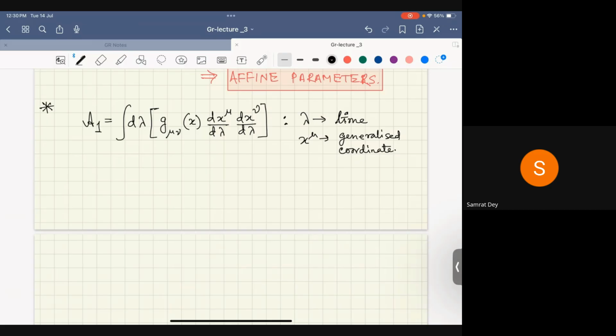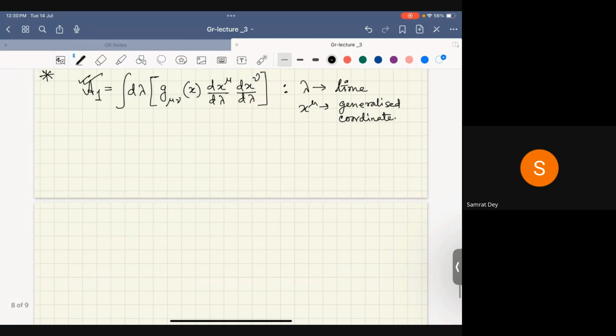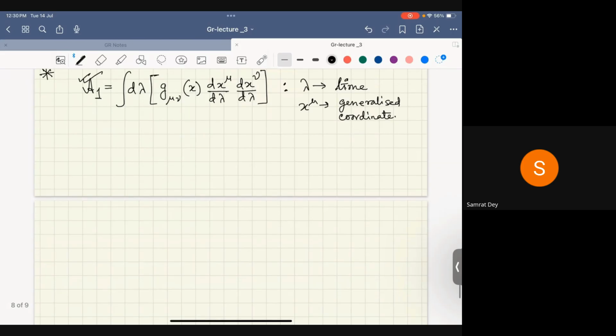So variation of this particular action, keeping x mu fixed at endpoints, will lead you to the well-known Euler-Lagrange equation, which is del L del x alpha equal to d d lambda del L del x dot alpha.